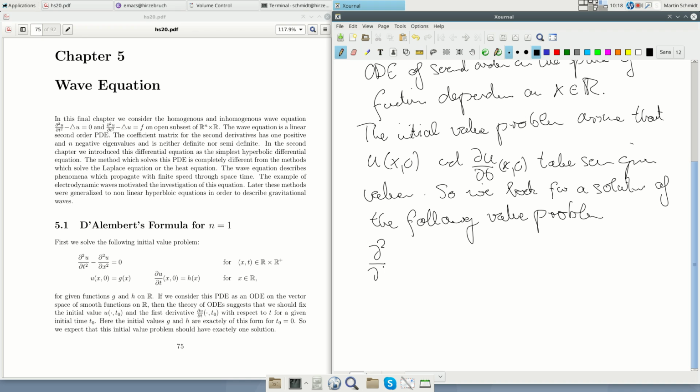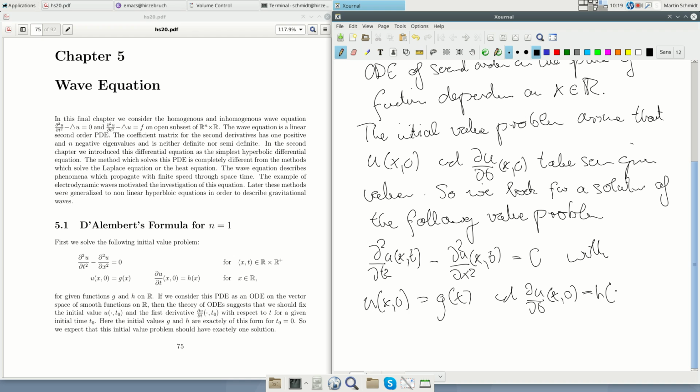So we have the homogeneous differential equation equal to 0, with u of x0 given by some function g of x, and du by dt of x0 given by some other function h of x, for given functions g and h.